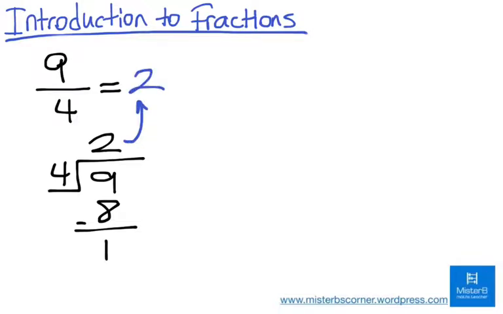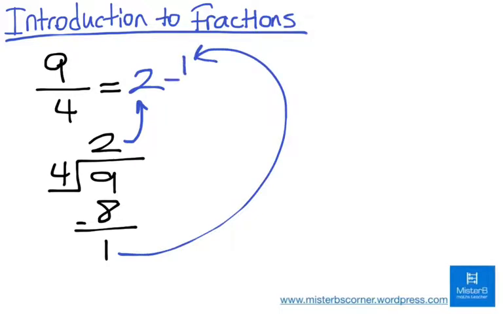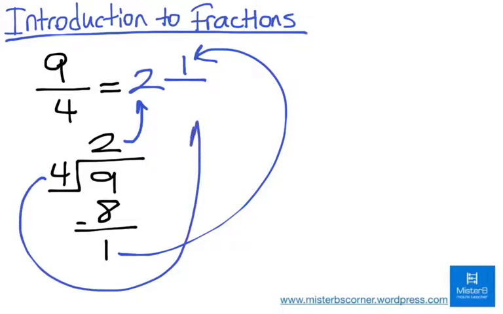I write it here. This 1 is the remainder. I write it as the numerator, and just because I'm dividing it by 4, there should be 4 pieces, so it's going to be the denominator. So 2 is the integer part, 1 is the numerator as the remainder, and 4, this is the divisor, it will be the denominator.